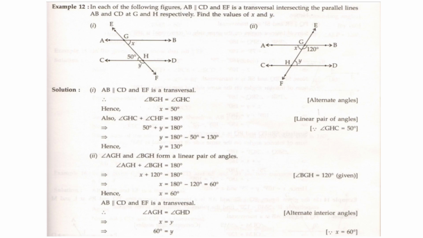One more question is there from your textbook. The question says, in each of the following figures, AB is parallel to CD and EF is a transversal intersecting the parallel lines. So AB and CD are parallel and EF is your intersecting line, which is intersecting at points G and H respectively.